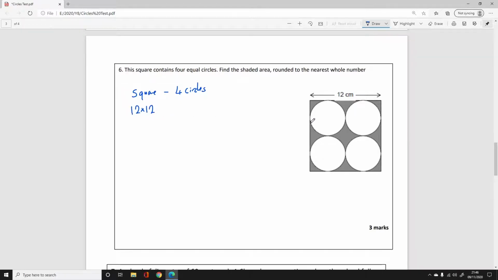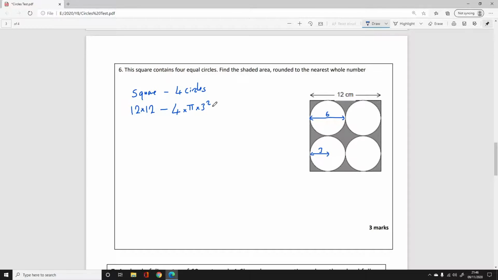Now the circle, that's 6 centimeters across, and that more importantly means the radius of these circles, because they're all equal circles, is 3. So for our circles we're doing 4 pi r squared, and our radius is 3, so 4 times pi times 3 squared.